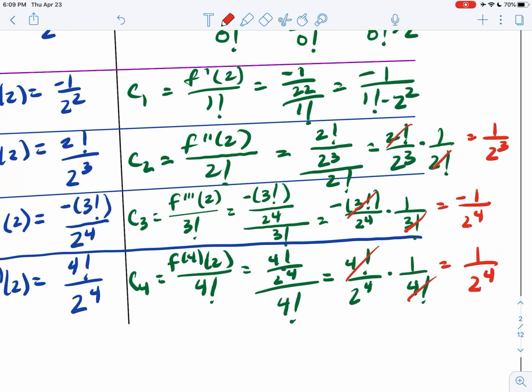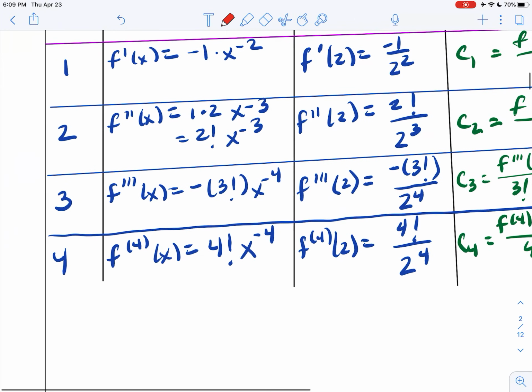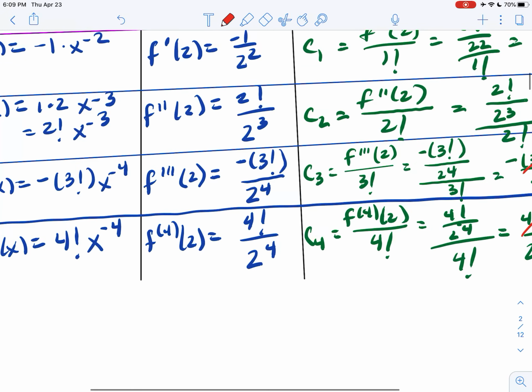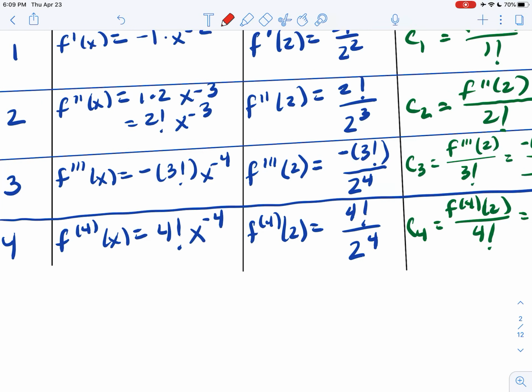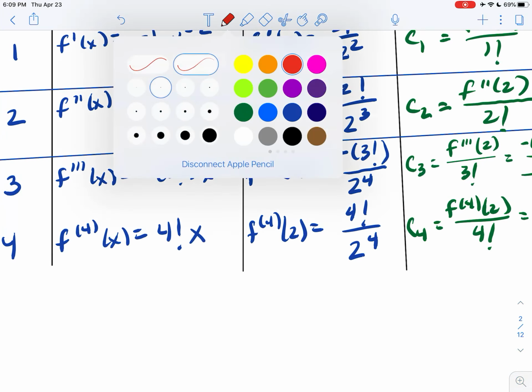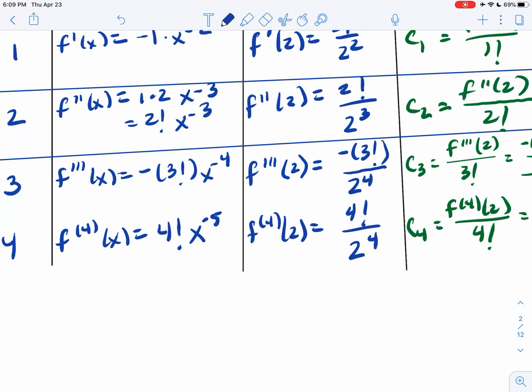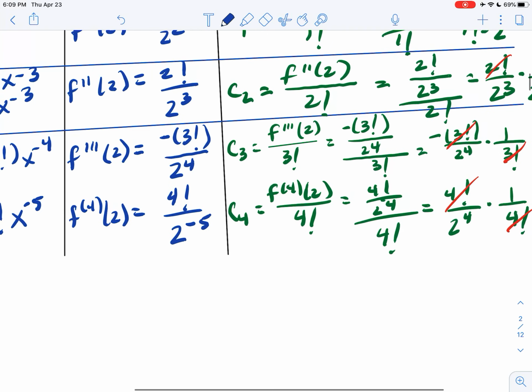So, did I do that right? This should be 2 to the third power. Did I do that right? Third. Oh, this should be 2 to the fifth. Sorry about that. I made a mistake here. It should be 2 to the fifth power. That's going to be minus. And that's going to be minus also.